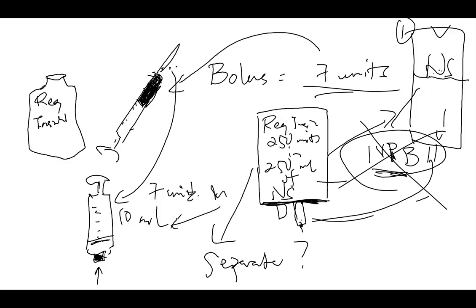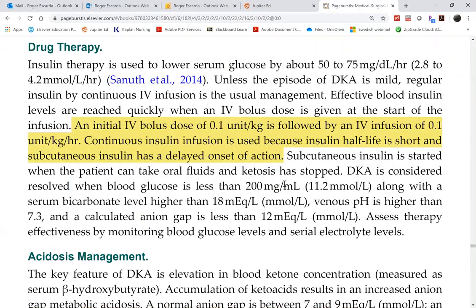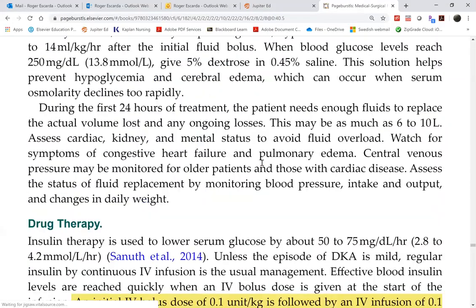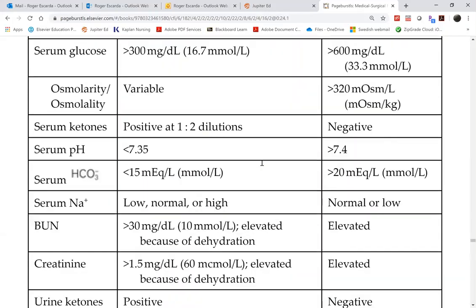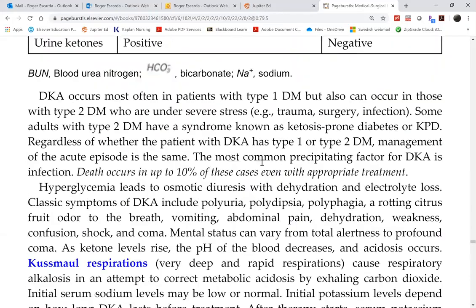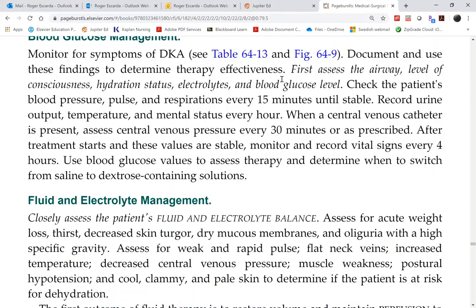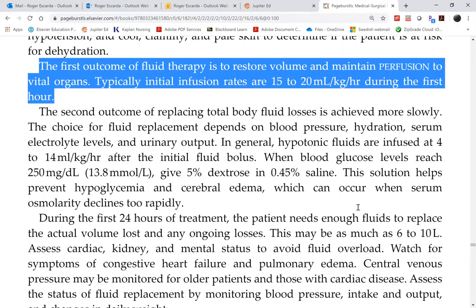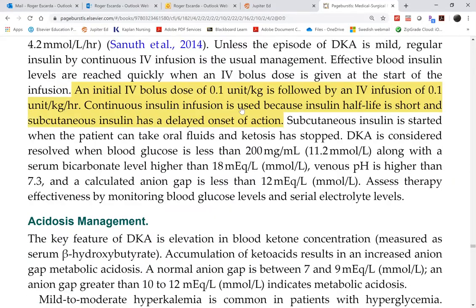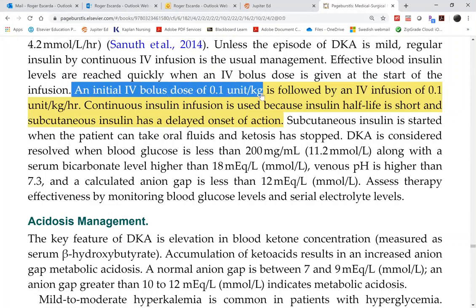So at the same time, the patient will be receiving this fluid right here because we're still in the first hour. And while that's running, you have to take care of the insulin. So first push that bolus.